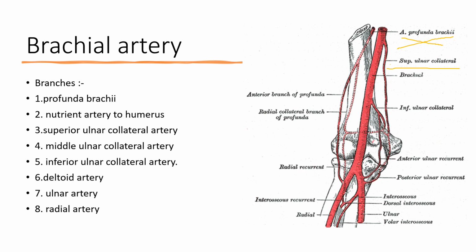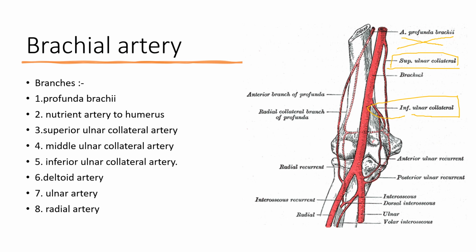This is the superior ulnar collateral artery. Then we have the middle collateral artery, which is again not shown in this diagram. Then the inferior ulnar collateral artery. This is the inferior ulnar collateral artery. Then we have the deltoid artery, which is again not shown in this diagram.